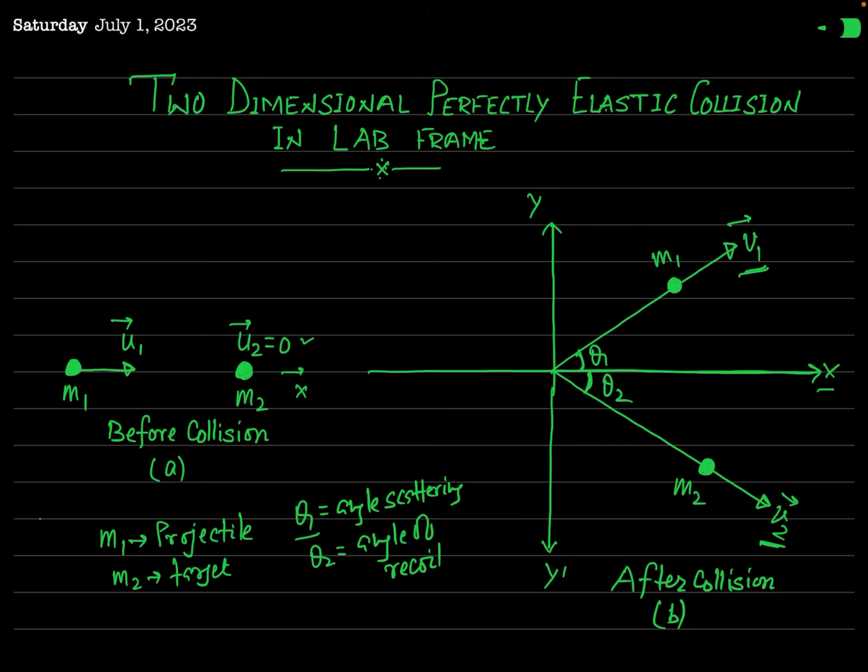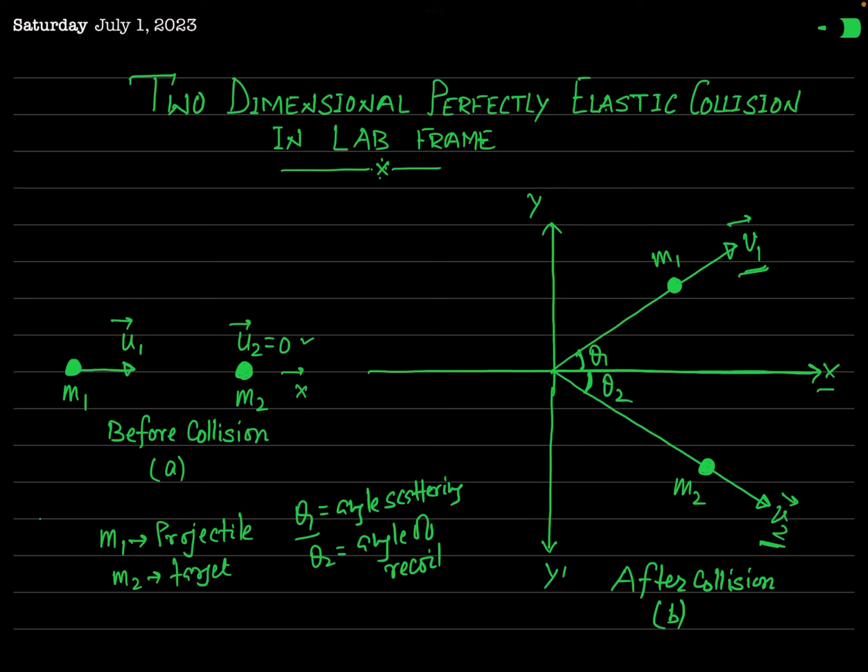So the prime aim of this collision problem is to find the final velocities and to find the relation between the angle of scattering theta 1 and the angle of recoil theta 2. How these two angles are related is also found in this problem.